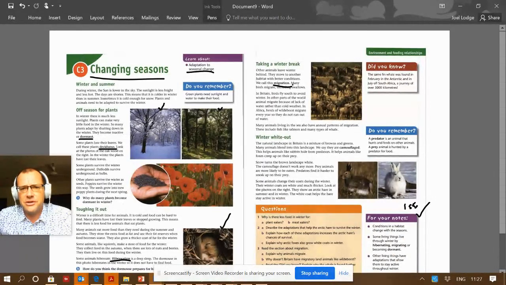A lot of organisms do that, not just for cold. If there's a very dry period in Africa, the wildebeest follow the rainfall in order to follow the growth of new grass, so they've always got something to eat. So there's an example, migration.